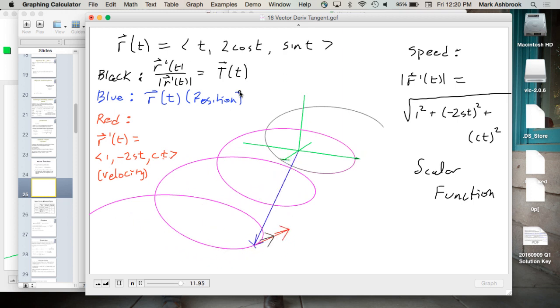It's all those black vectors that you're seeing. For different values of t, you get all these different black vectors, and all those vectors have magnitude 1. They're all unit vectors. So if all you care about is the direction of the object flying, you don't care about the speed, then you want the unit tangent vector because it maintains a magnitude of 1, and just shows the same direction as the velocity vector.